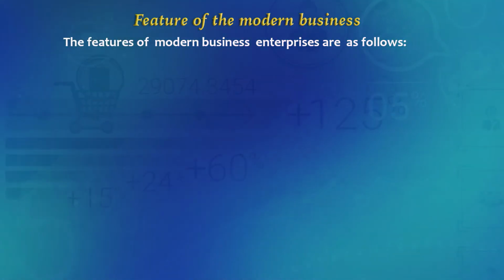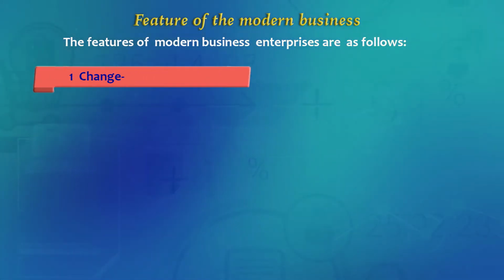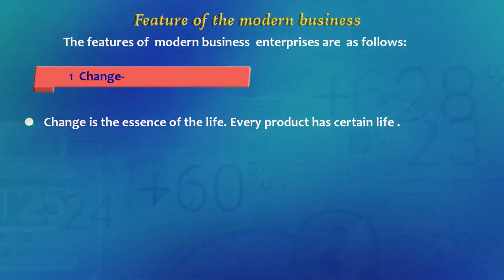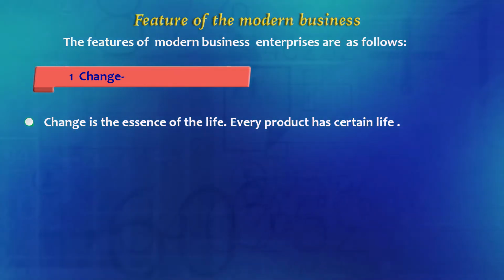In our previous session, we have already discussed the features of business. Now, we are discussing the features of modern business. Features of modern business enterprises are as follows. Number 1, change. Change is the essence of life. Every product has a certain life.